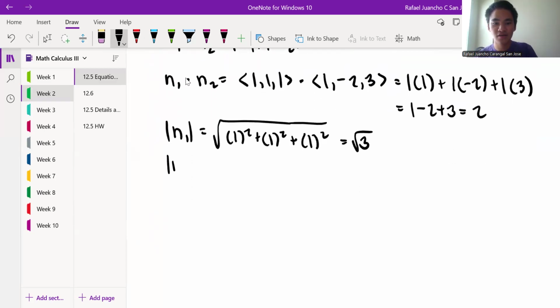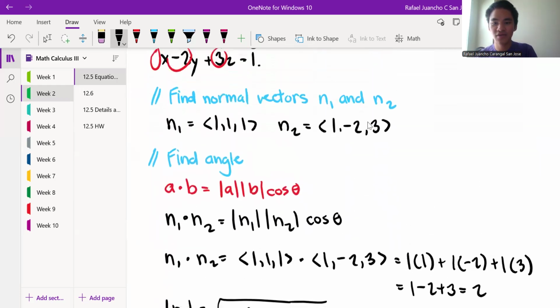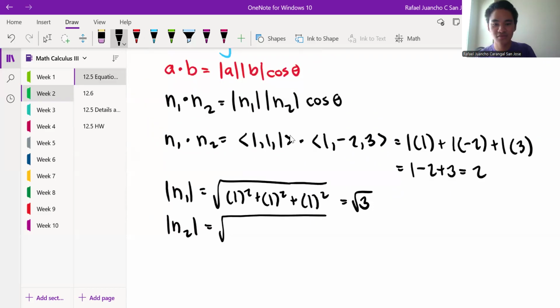And then we got n2, which is again the distance formula. This is 1, -2, 3, so we just put them all in squared: 1 plus 4 plus 9. I am so bad at arithmetic. That's 14.